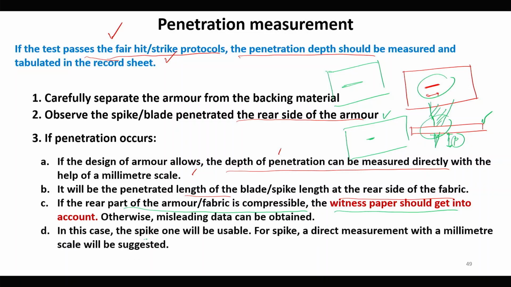In this case, the spike one will be usable. For a spike, a direct measurement with a millimeter scale is suggested. In the witness paper we can directly measure the width of the strike or the width of the penetration.